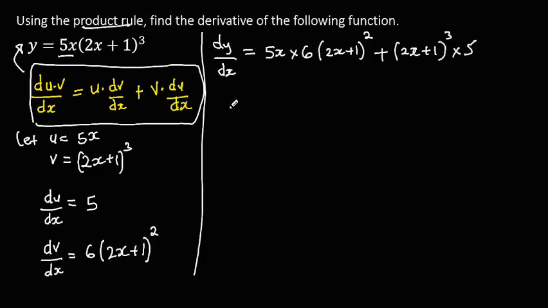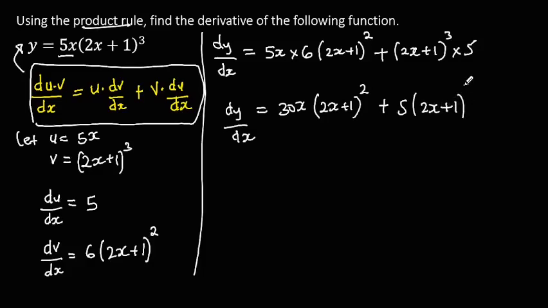So the simplified form, you're going to get change in y due to change in x is equal to, when you multiply this, 30x(2x + 1) raised to the power of 2, plus when you multiply this, you get 5(2x + 1) raised to the power of 3. And this is the derivative of our function y.